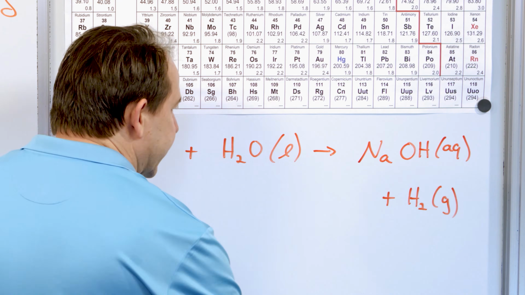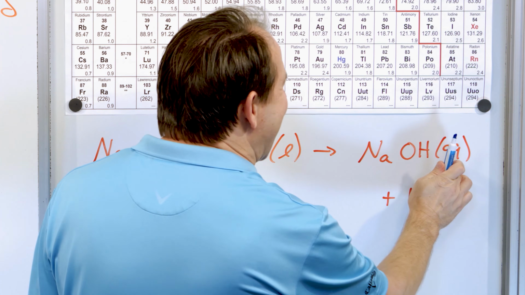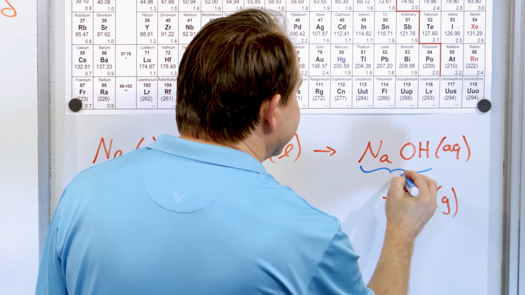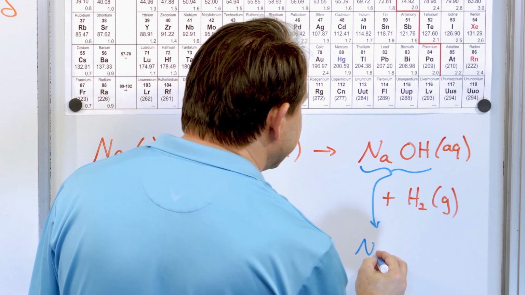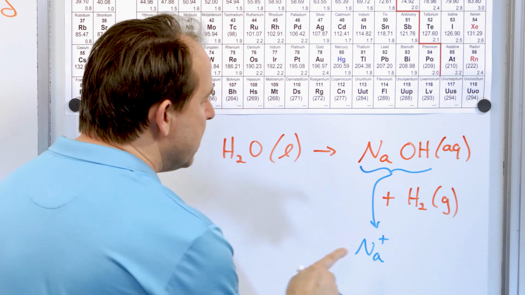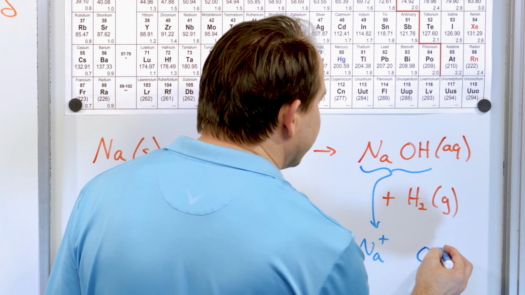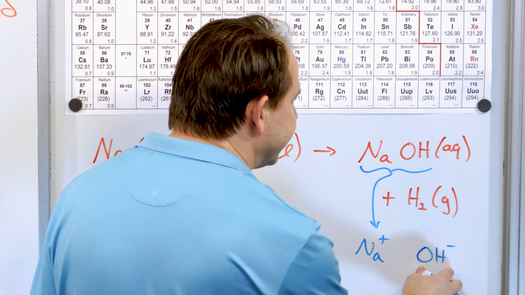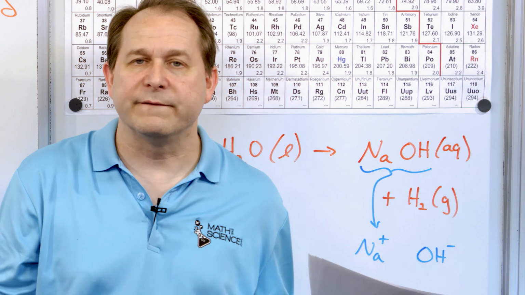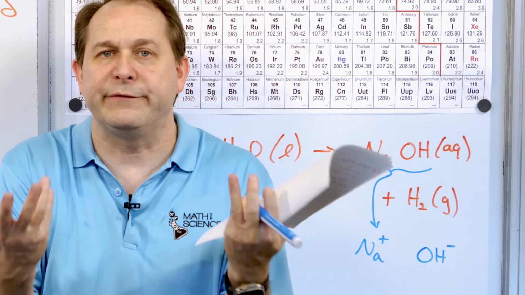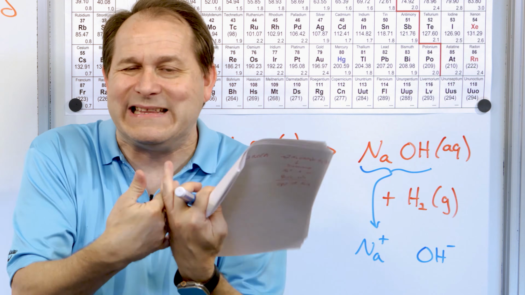Now, what's going on whenever we write something like this in aqueous solution? Aqueous solution means that the sodium is floating around as ions, positive ions, because they've lost an electron. And the hydroxide are also floating around as ions, which are negative ions. So they're both essentially dissolved in solution and dissociated, which means they're not connected and bonded to each other.